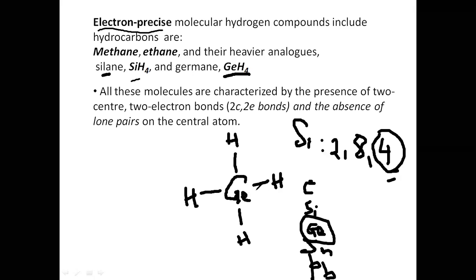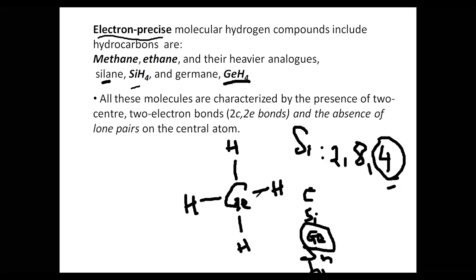Germanium, like this, you can see GeH4 having germanium as the central atom. In germanium also there are 4 valence electrons, and hence it involves all valence electrons in bond formation.